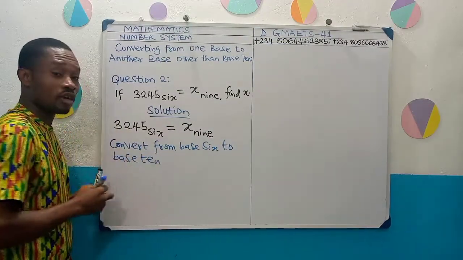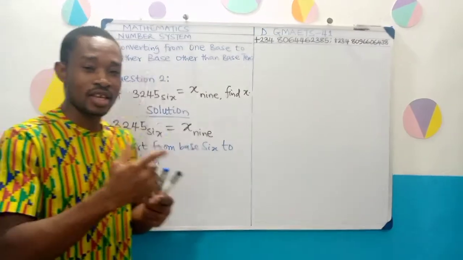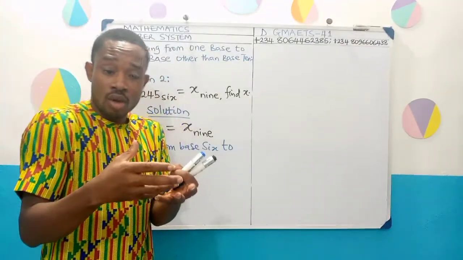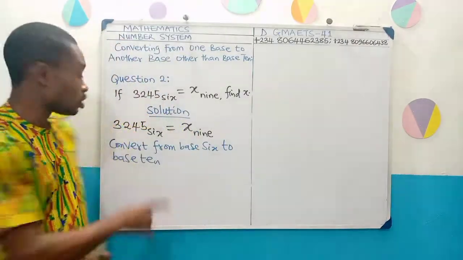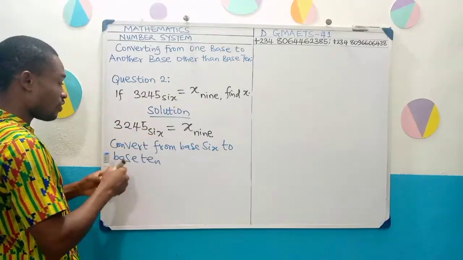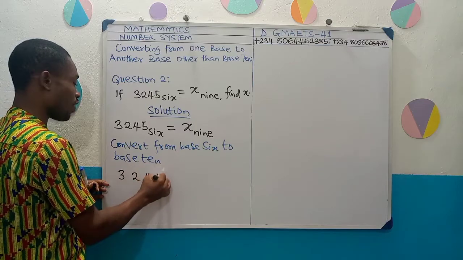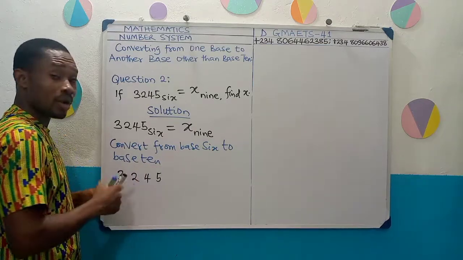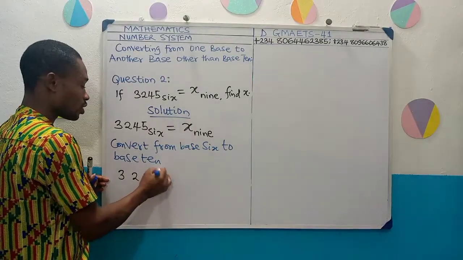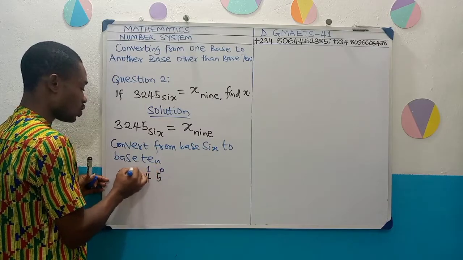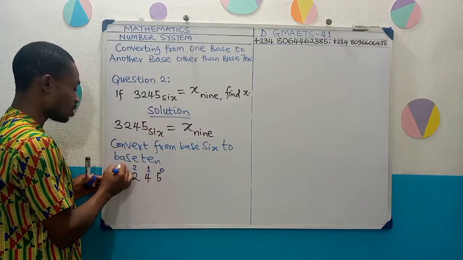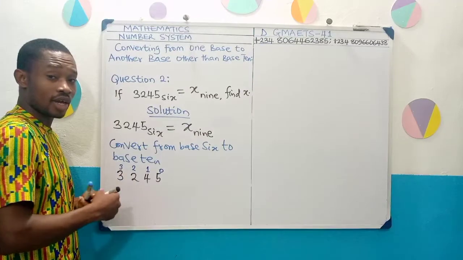So how do we do the conversion? Remember, successive expansion. But first, we are going to grade the power. 3, 2, 4, 5. The units digit has power 0, the tens has power 1, the hundreds has power 2, and the thousands has power 3.